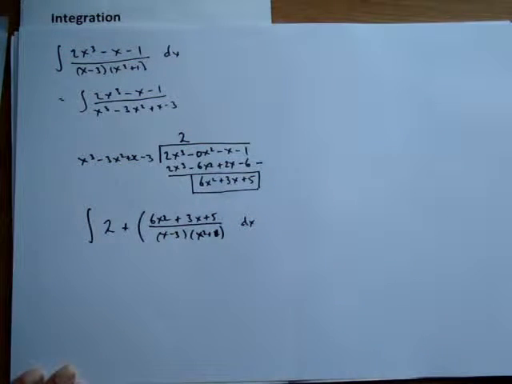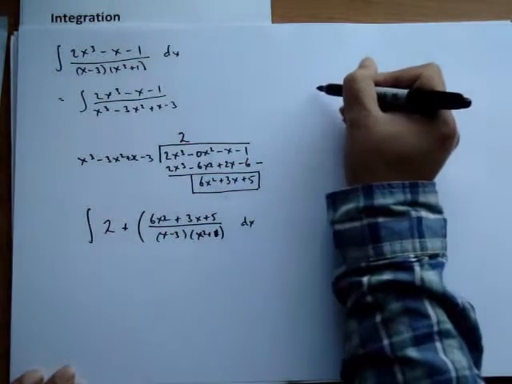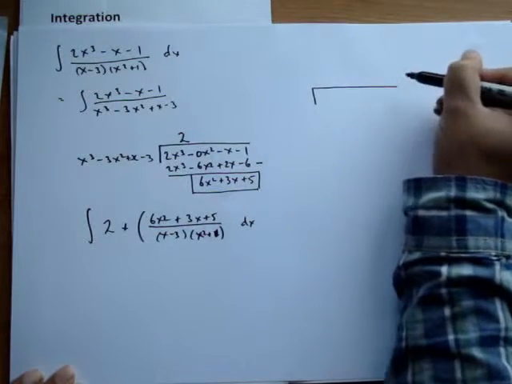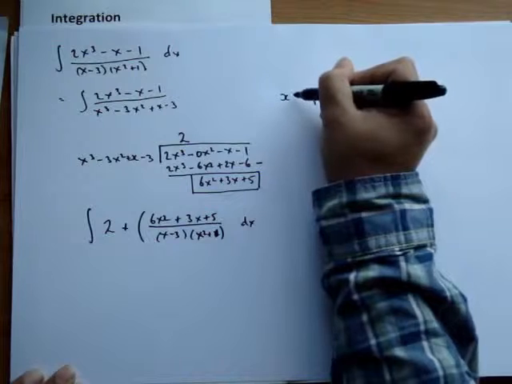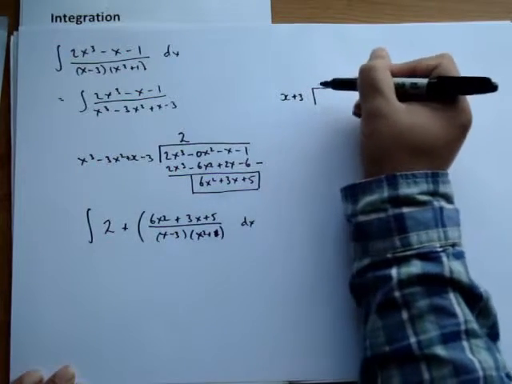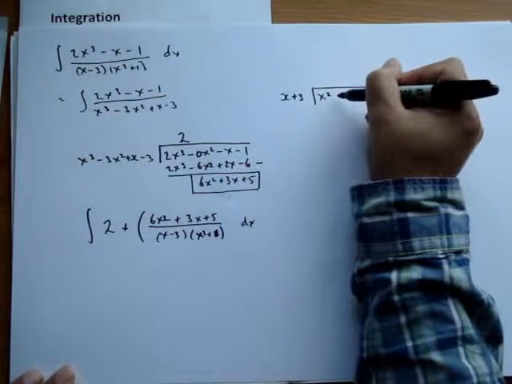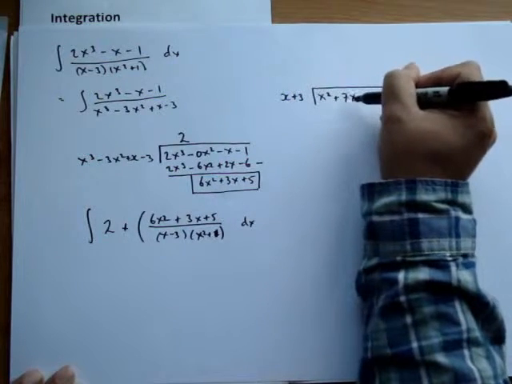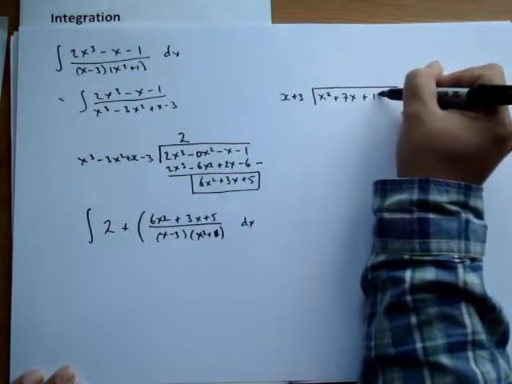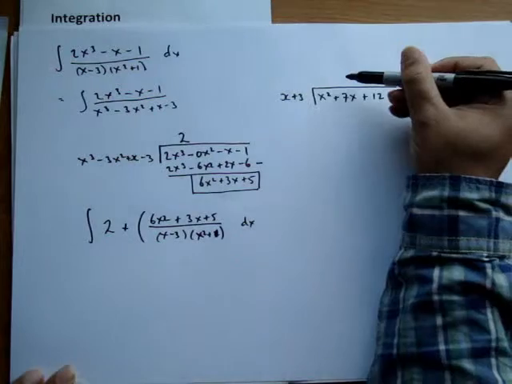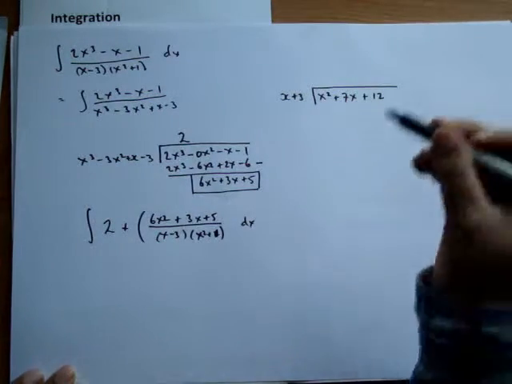Now, for those of you who've forgotten how to do algebraic long division, let's just have a quick recap on a simple one, and if we follow these rules it's quite easy. So if we have x plus 3 and then x squared plus 7x plus 12. So that's the dividend, that's the divisor, the quotient goes on the top.